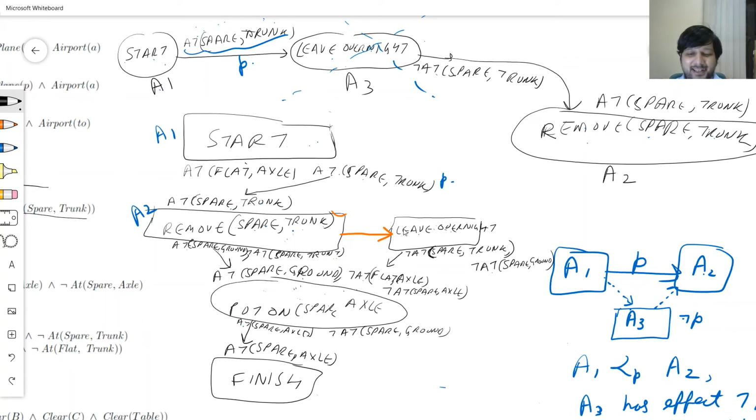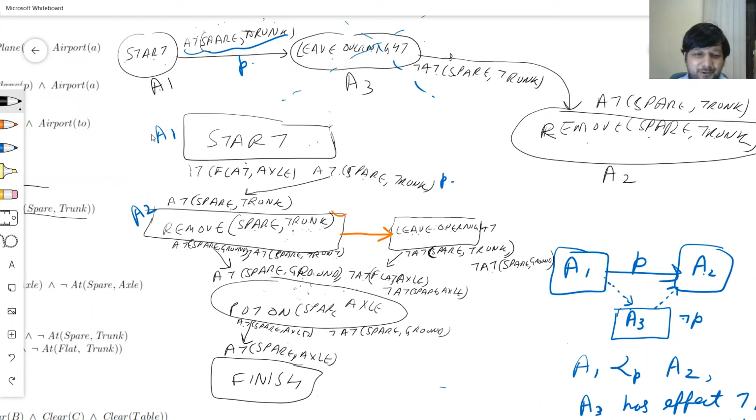That means leave overnight before this cannot happen. That means this needs to happen before it, which cannot happen because it will violate this constraint which I have already added and I am committed to. Or I'll have to go after this, which is also weird. So let's discuss promotion and demotion.